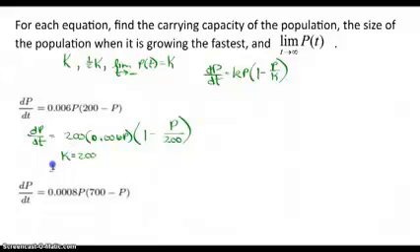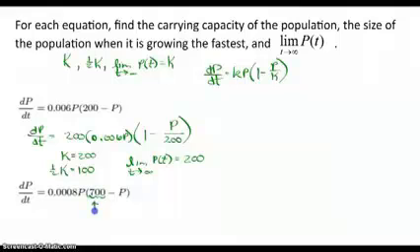It's growing fastest at half the carrying capacity, that's 100. And the limit as t approaches infinity for this population is the carrying capacity. So again, sometimes if it's in this form, you can recognize that actually there's your carrying capacity, and you don't have to do all of that work.